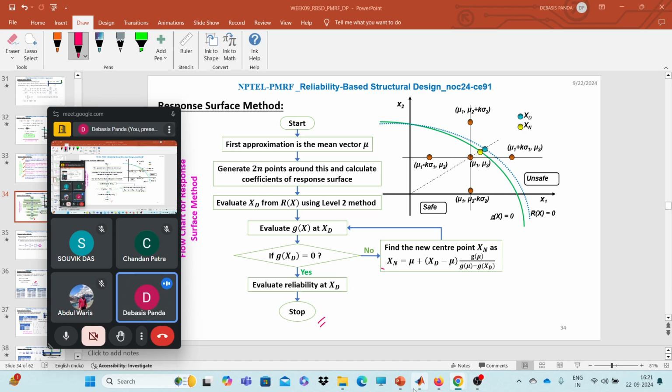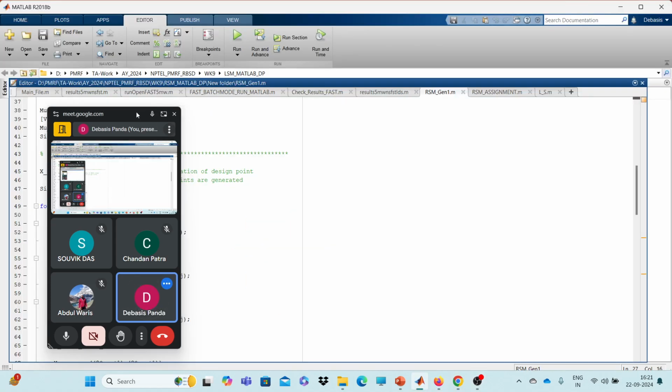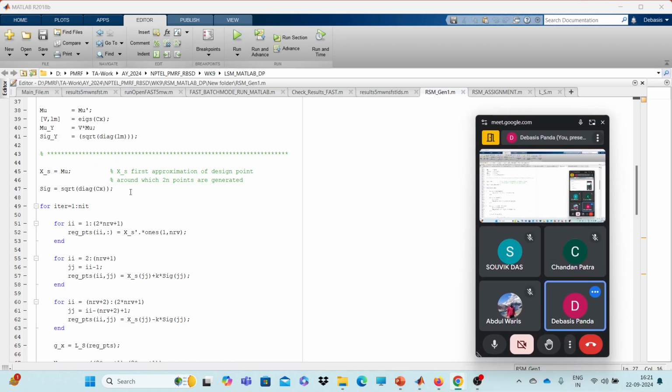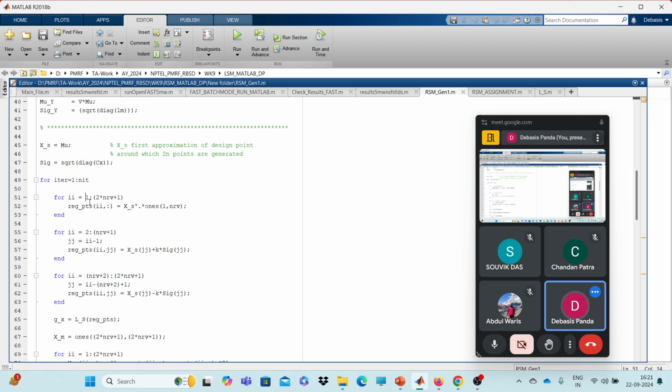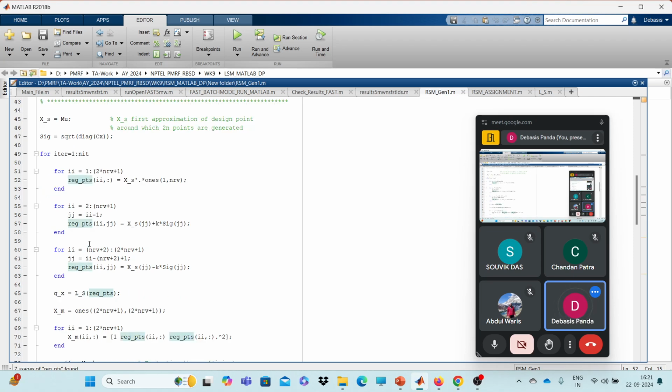So here we generate 2n plus 1 support points: the first support point is the mean, the second is mean plus k sigma, and the third, that means the set of support points, is mean plus minus k sigma.